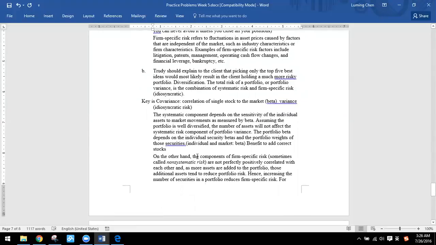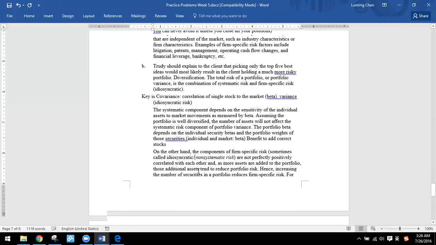On the other hand, for the idiosyncratic risk or non-systematic risk, increasing the number of securities in a portfolio reduces firm-specific risk.